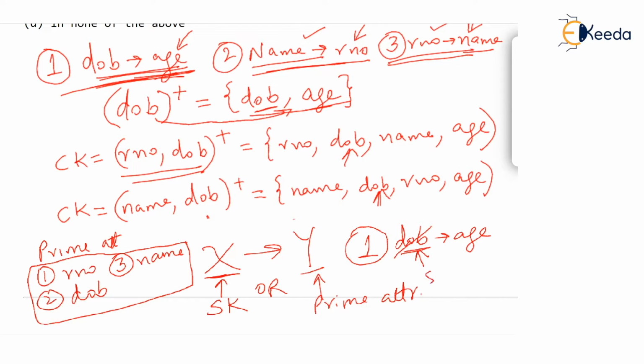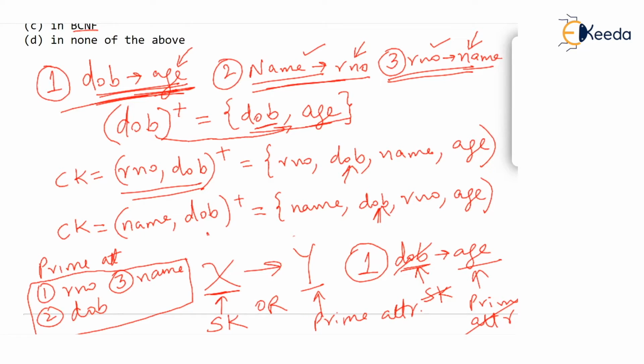So left hand side is not a super key. Neither is the right hand side a prime attribute. Age is not a prime attribute, isn't it? So the very first FD doesn't follow the rule of 3NF. I guess you have understood this. What that means is the table is not in 3NF also.